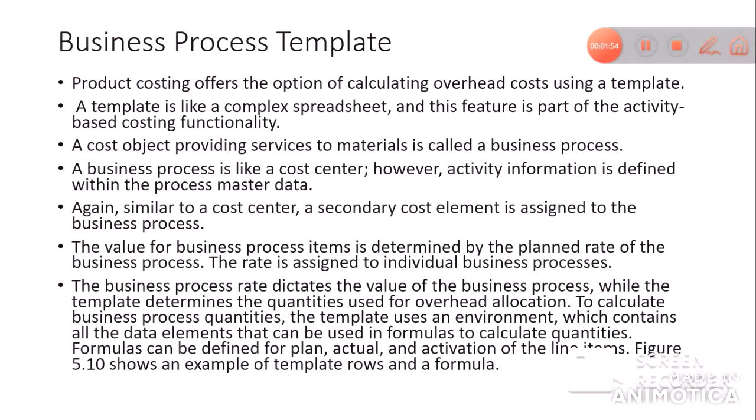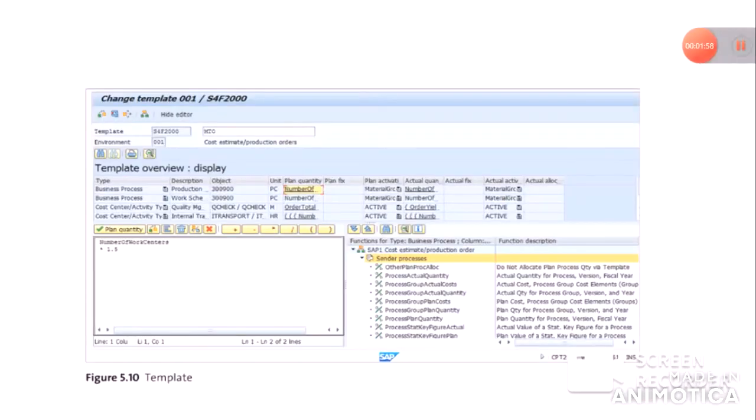So it will be like this: the business process template, the production object, sender process.